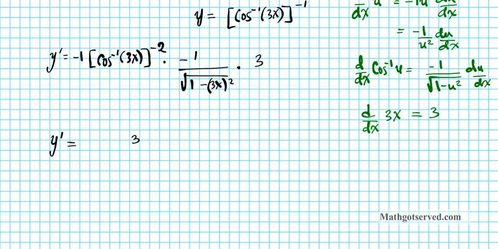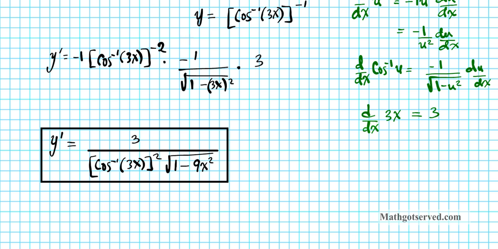Positive 3 divided by, in the denominator, the arc cosine of 3x raised to the second power times the square root of 1 minus 9x squared. All right, so there goes the derivative of 1 over the arc cosine of 3x.